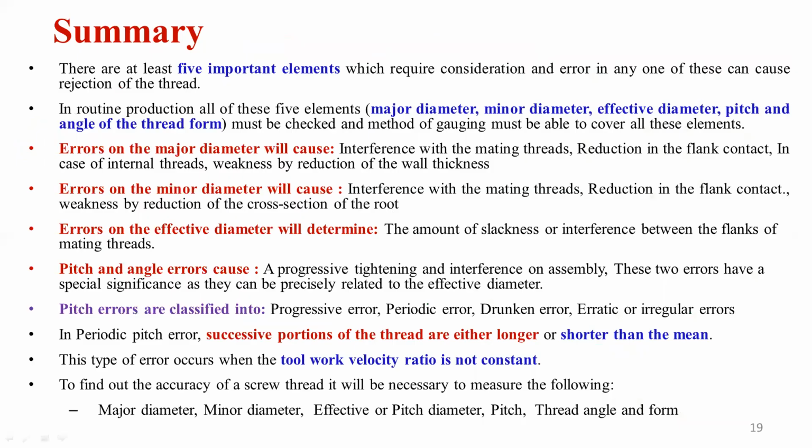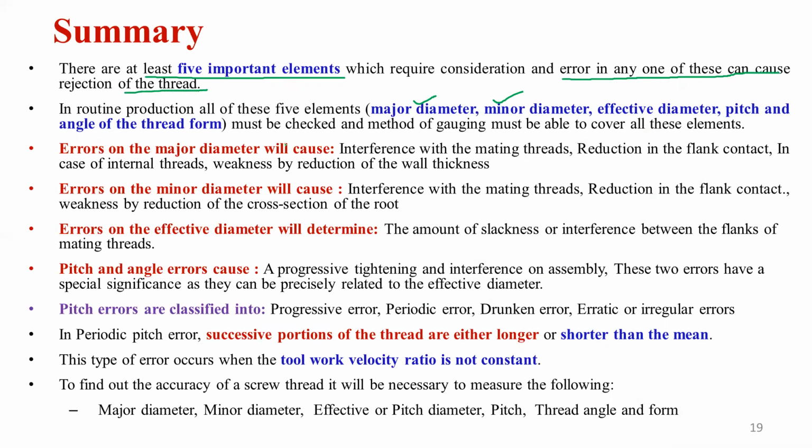So this is about today's class. In order to check the accuracy of the screw thread, we need to check at least 5 important elements. Any error in any of these 5 elements causes the rejection of the screw thread. It may be an error in the major diameter, minor diameter, effective diameter, pitch, or angle of the thread.